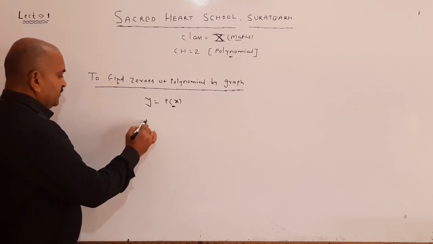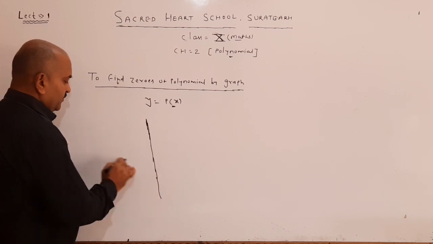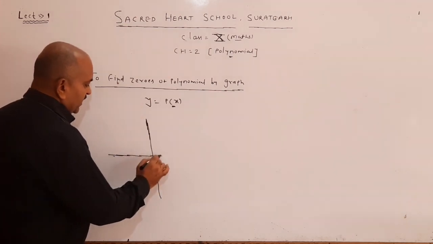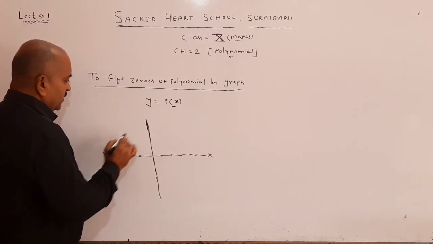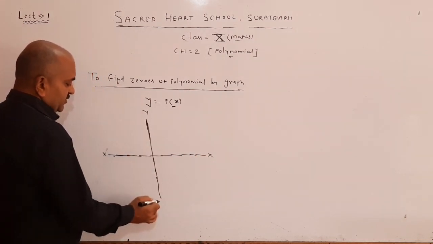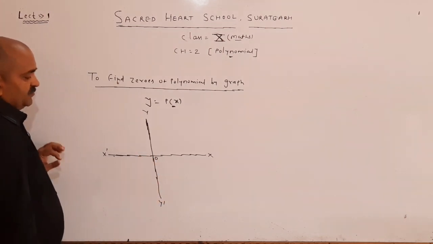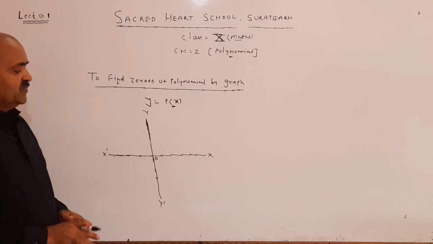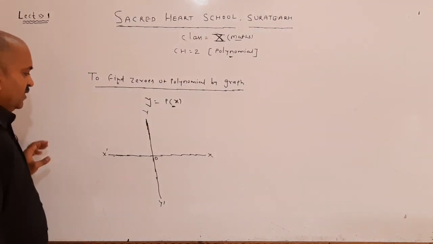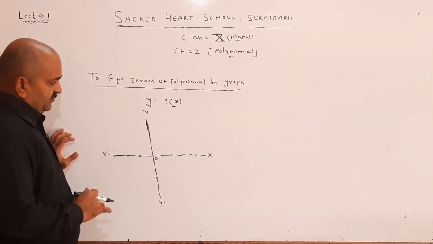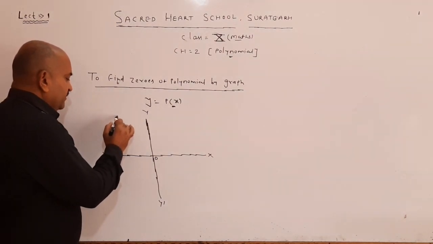Suppose students, this is the Cartesian plane, this is the x-axis, the horizontal axis, this is the y-axis, and this is the origin. Suppose we draw the graph of a polynomial, and the graph is of this type.